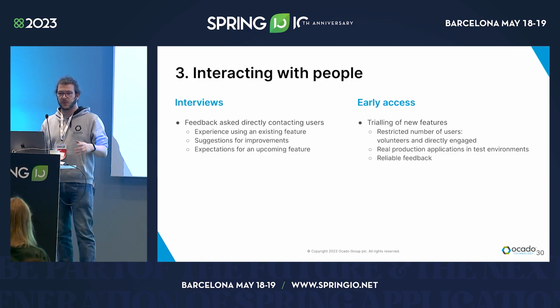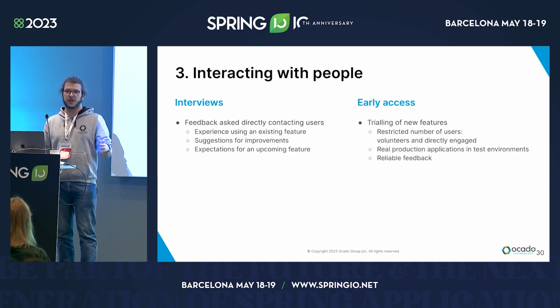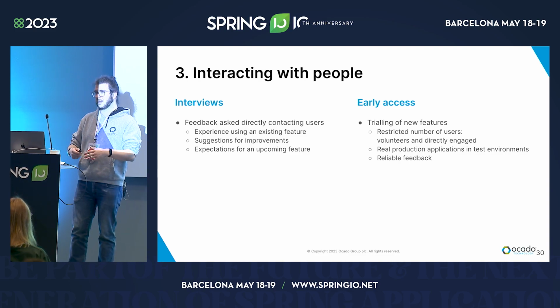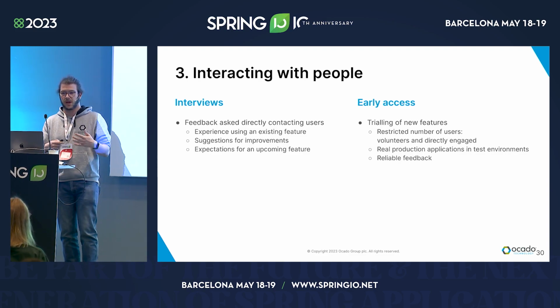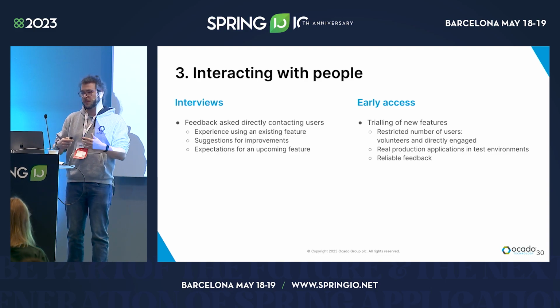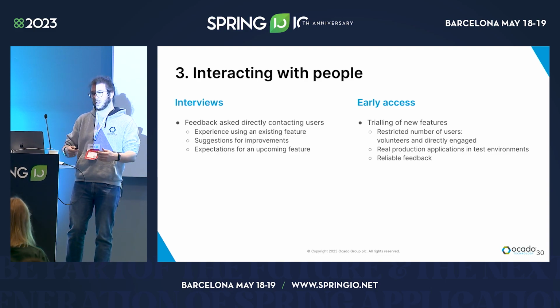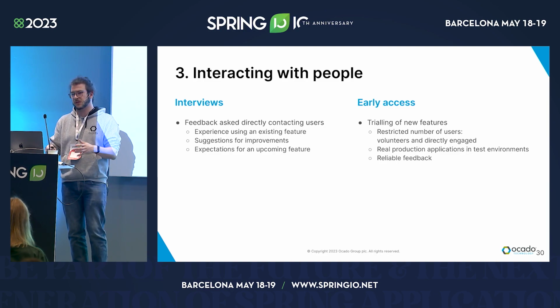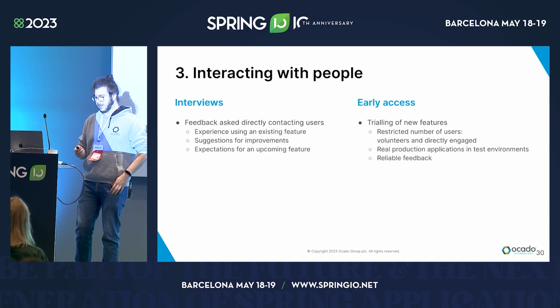So either we engage the community directly, or we send an announcement and users volunteer to try the new thing. And it's really important for us to have this feedback from the community, because they use real applications in test environments, and it's not just our feedback inside the maintainer team.